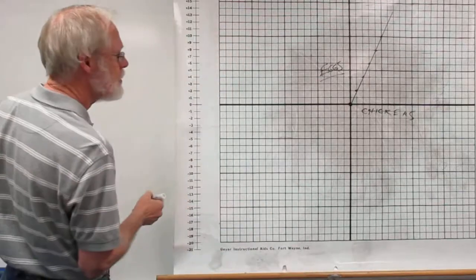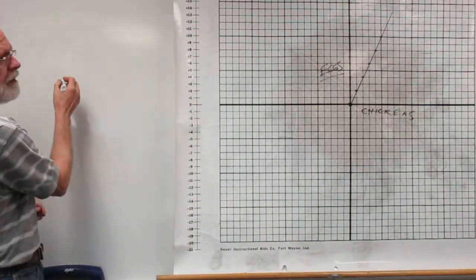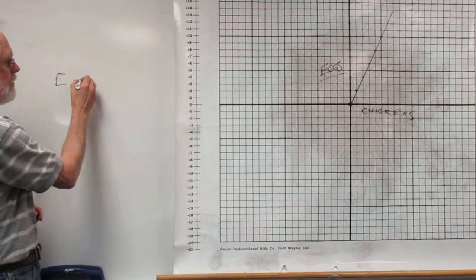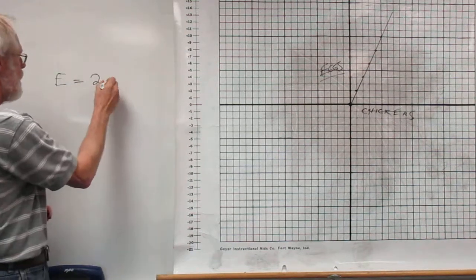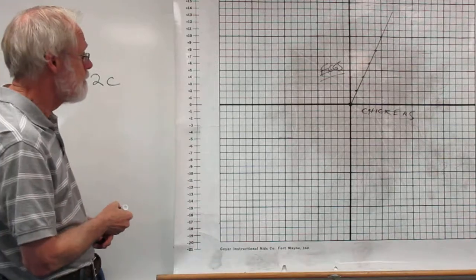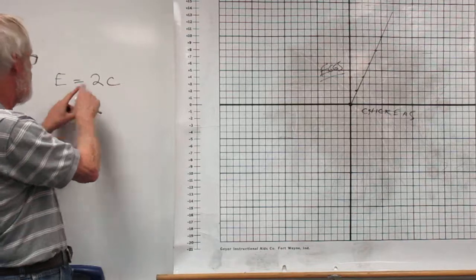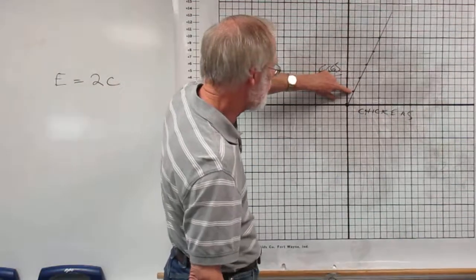Let me write the equation then for this situation. So, let's say number of eggs is equal to 2 times the number of chickens. So if I have 1 chicken, I put 1 in here, I multiply it by 2, and I get 2 eggs.